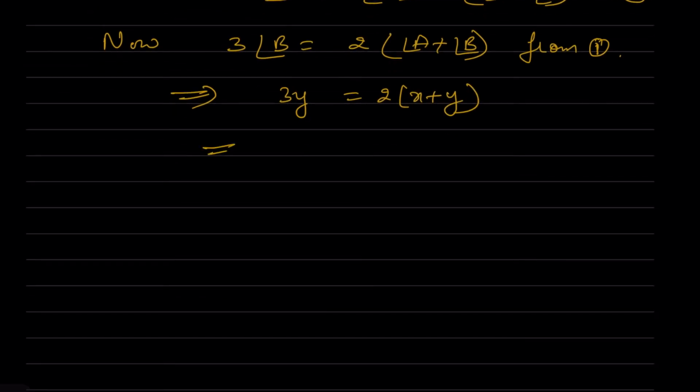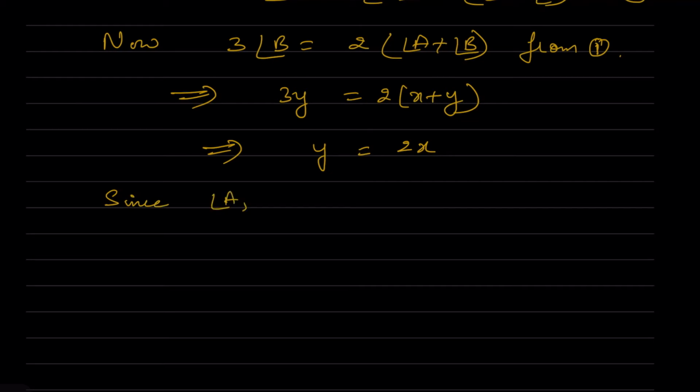So I am getting from this y is equal to 2x, because 3y minus 2y is nothing but y, which is equal to 2x.